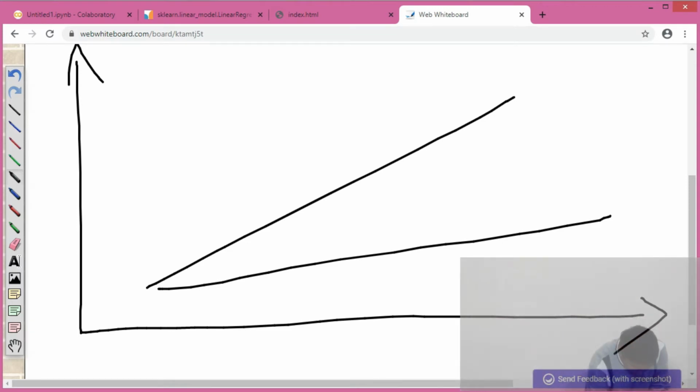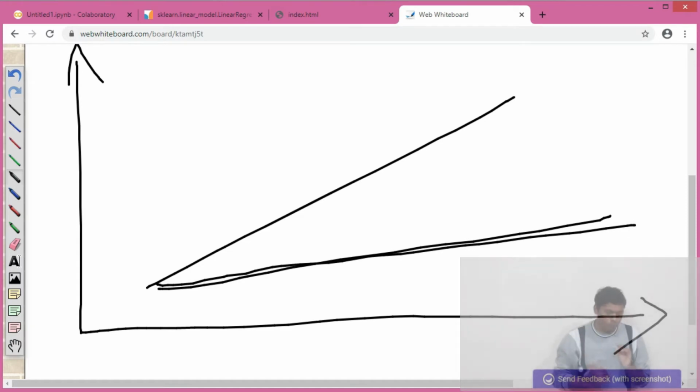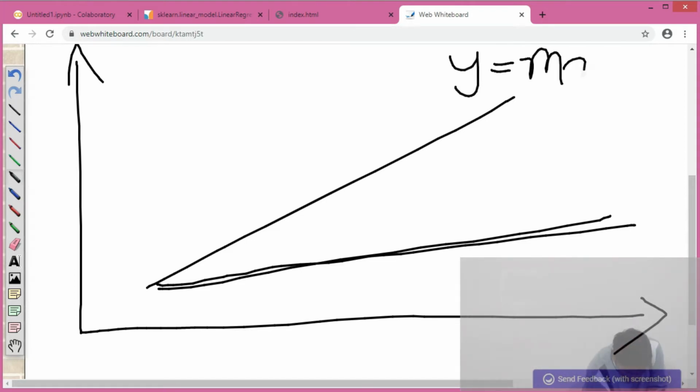This line right here is less steep, or it has less slope. In our case, as we said, it was y equals mx plus c. Let's just write it. Y equals mx plus c. So for this line, the value of m will be less.